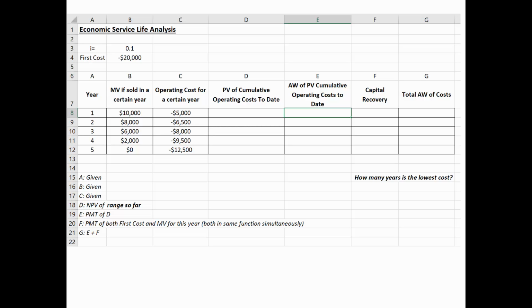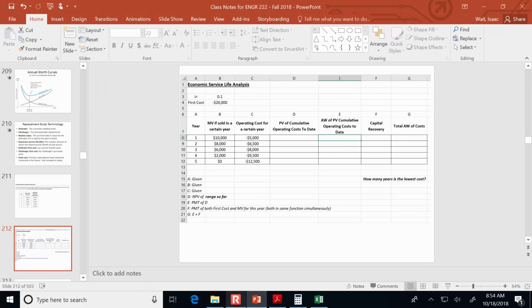So for the first row, it's just going to be the NPV of 5,000. So you'll put that inside the function. In the second row, it'll be the NPV, and you're going to select 5,000 and 6,500. So let me bring up that template file, and we can go through it together.